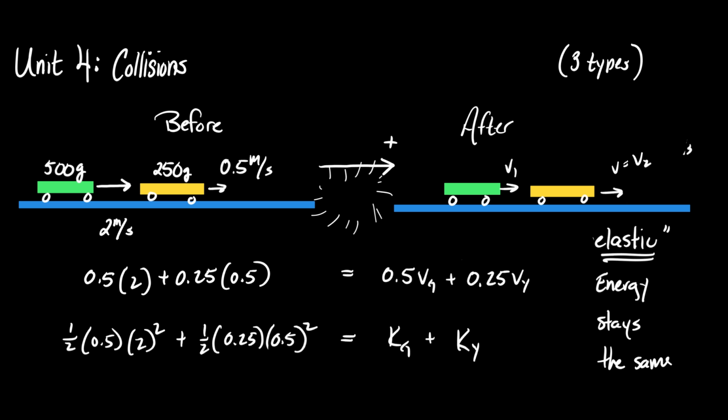And then after the collision, 1/2 times 0.5 times Vg squared plus 1/2 times 0.25 times Vy squared. Again, this generates two equations and two unknowns.